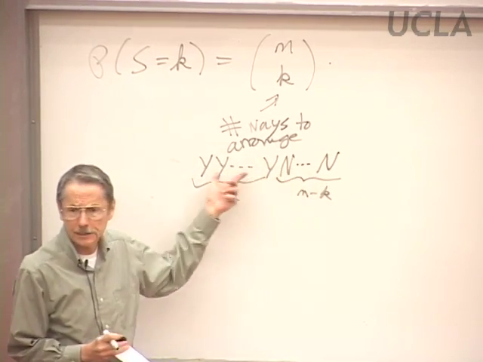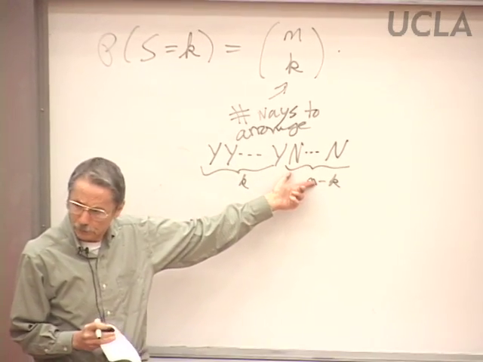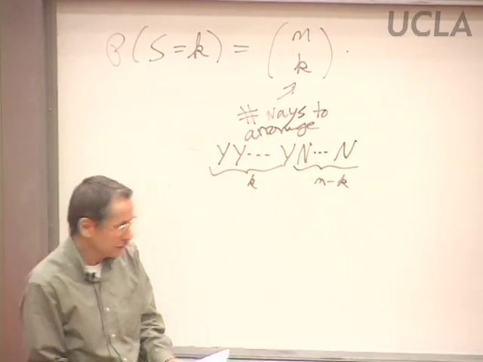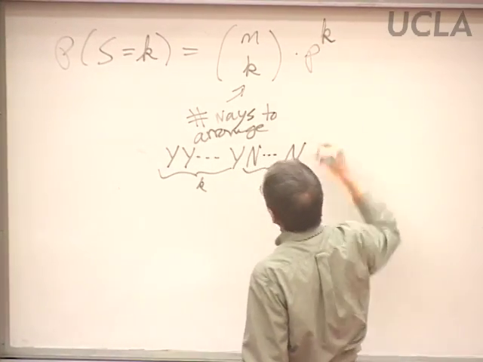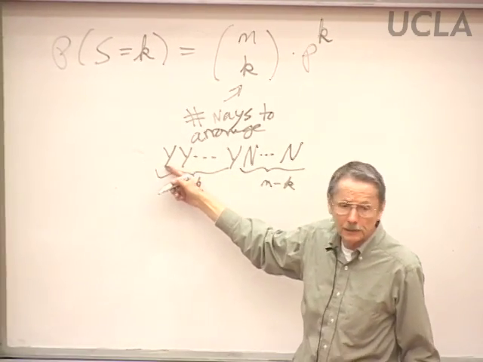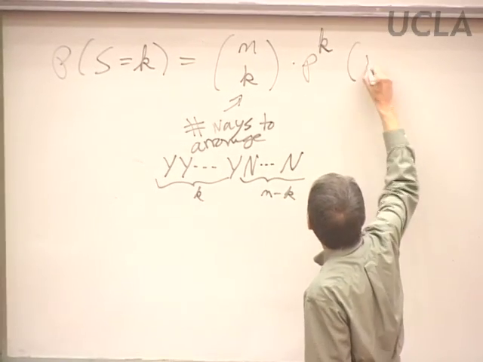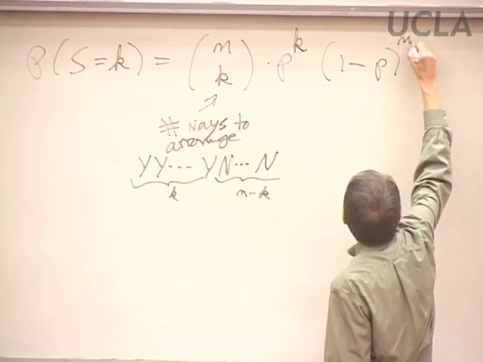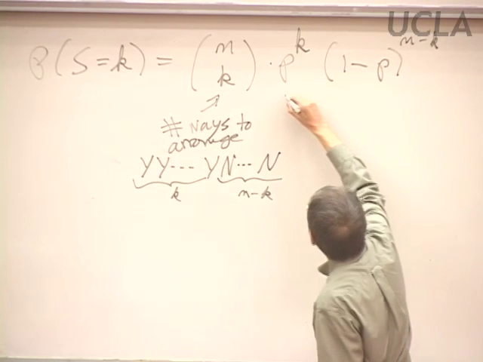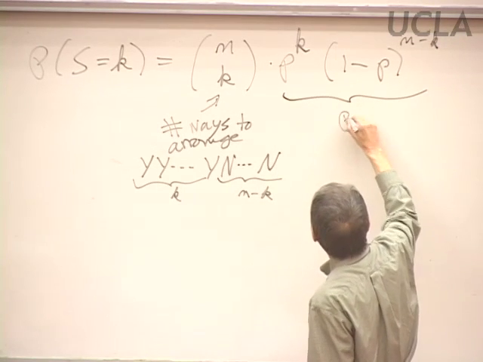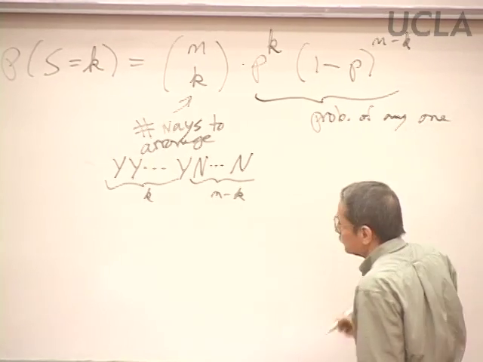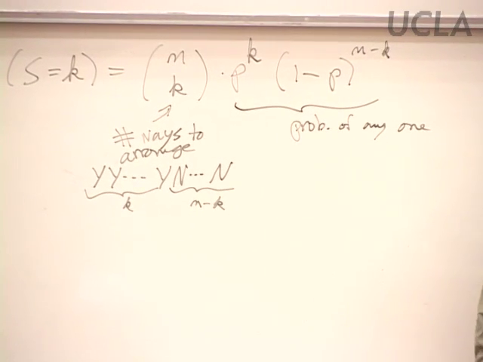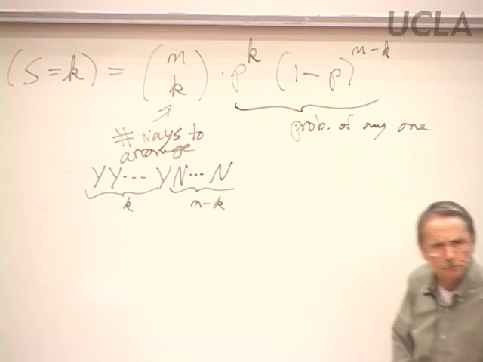They all have the same probability regardless of the order in which we scramble these letters. A yes has probability p, a no has the opposite probability. Well, old hat.